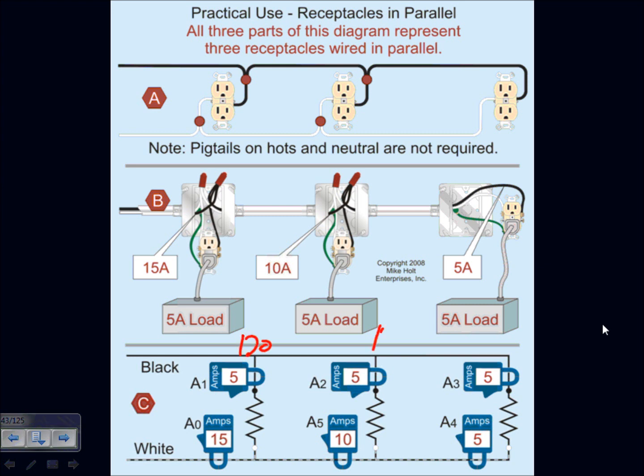But if I turn this load off, gone, right? I lost 15 amps, and then this changed to 10 amps. So what happened to the current? It goes up and down with the load. And what stays constant? The voltage. That's the concept that we designed.